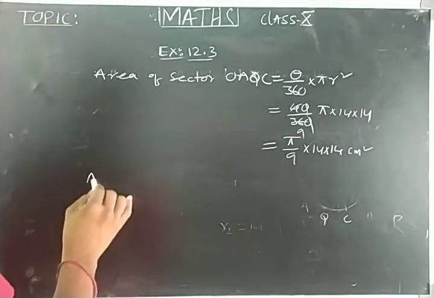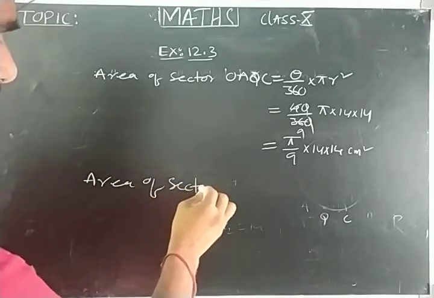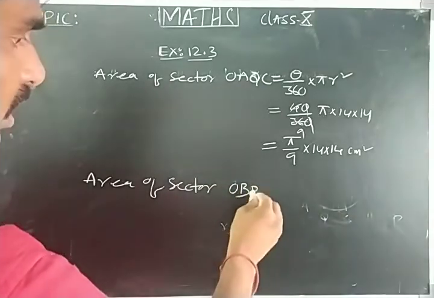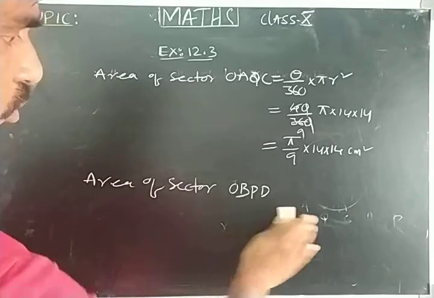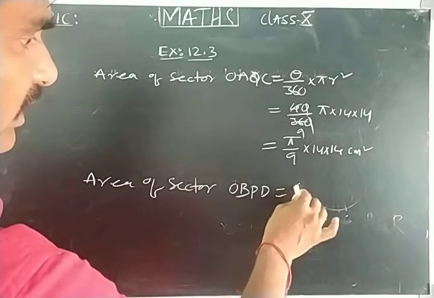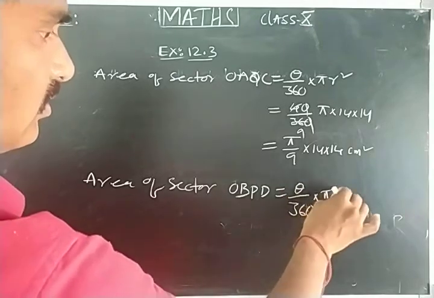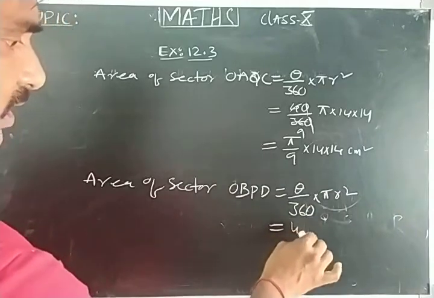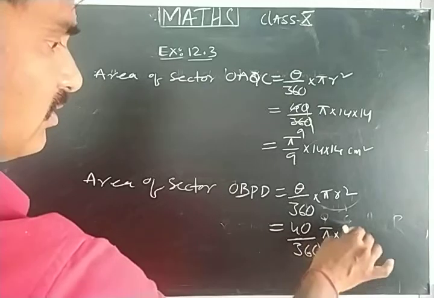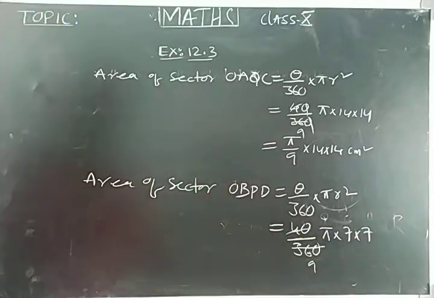Now from the figure again I am finding the area of sector OBPD, right. It is equal to theta by 360 into pi r square. Again theta here is 40 by 360, pi r square is 7 into 7, again 4 9s are 36.